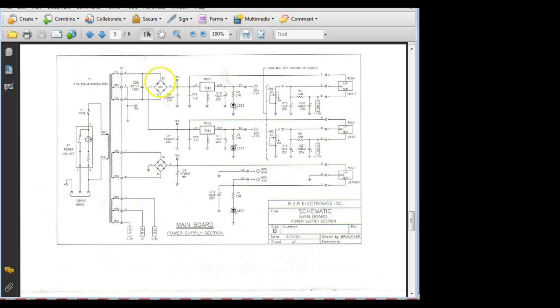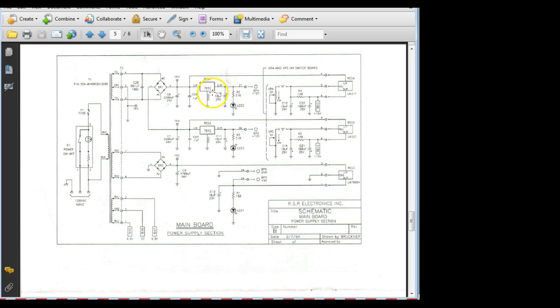And then this is an internal, and here's my bridge rectifier. But this goes to a negative supply, and then this right here, let me make sure. So this is the positive supply, and this down here is the negative supply.